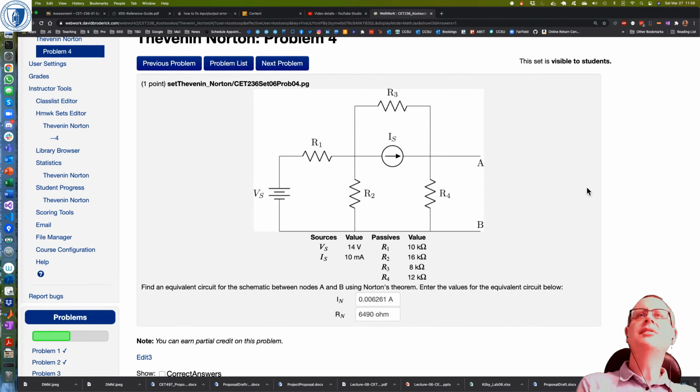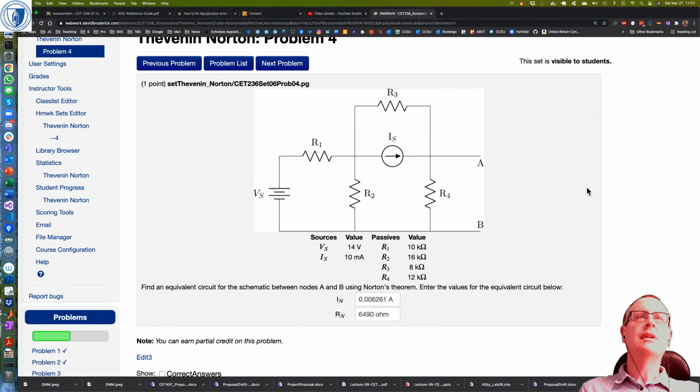And in this case it looks like we have no dependent sources. So for this question we could use the equivalent resistance technique to find RTH or RN, right?